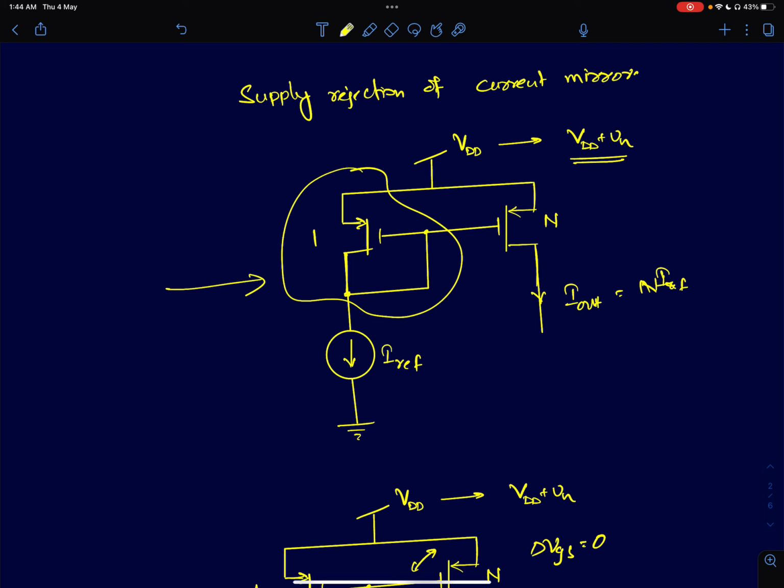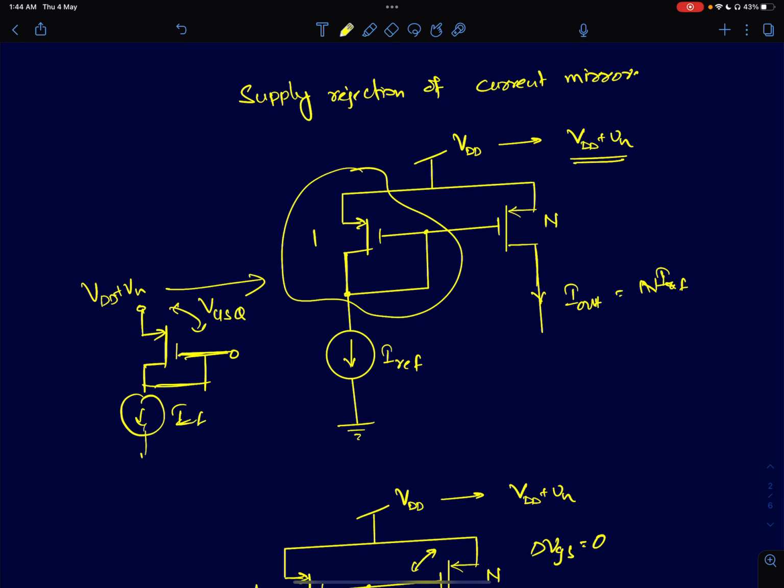The current in this MOSFET is fixed, and that fixed current is given by Iref. Because the current in that MOSFET is fixed, if I increase the VDD by Vn, the VGS is fixed.